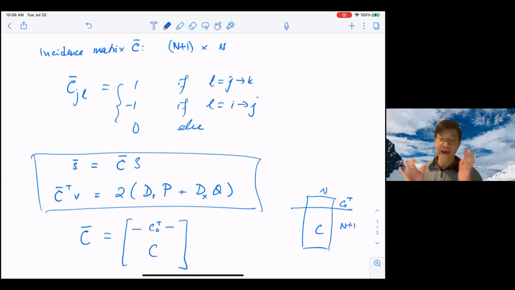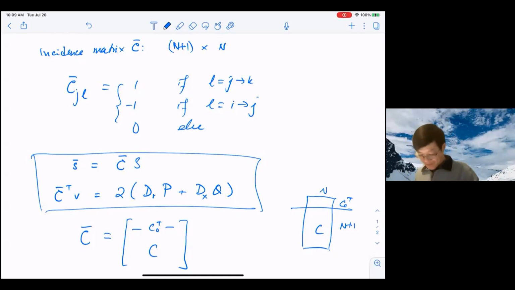If you remove any row from the C bar matrix, you get an n by n invertible matrix. This is called the reduced incidence matrix. In fact, its inverse is very simple and has a very nice interpretation.